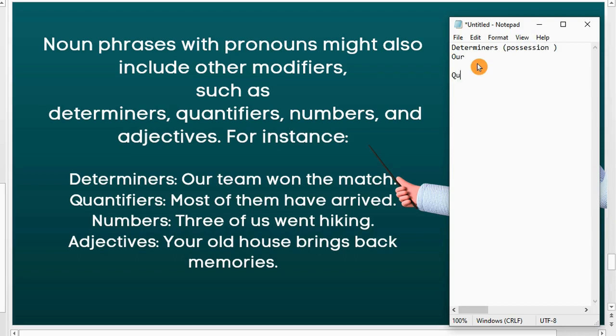Quantifiers. If I talk about quantifiers, then it highlights larger portions, like: most of them have arrived. Most highlights the larger portion.